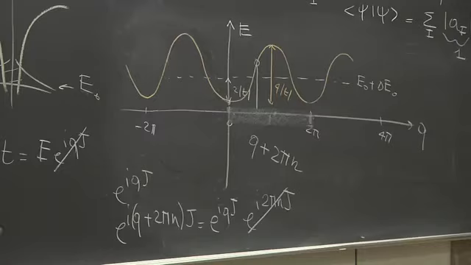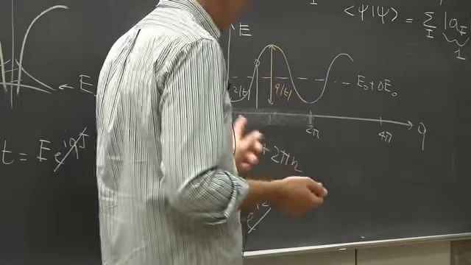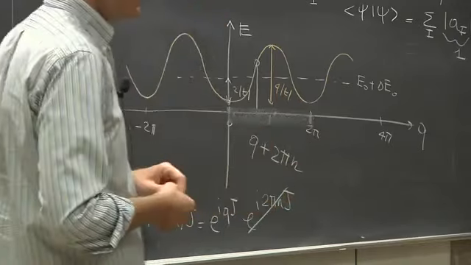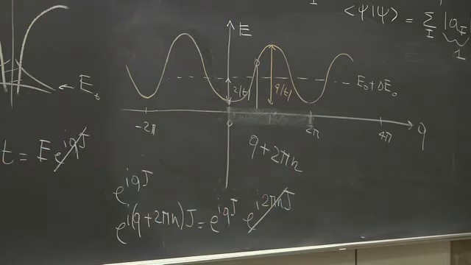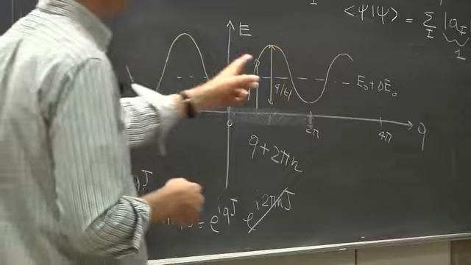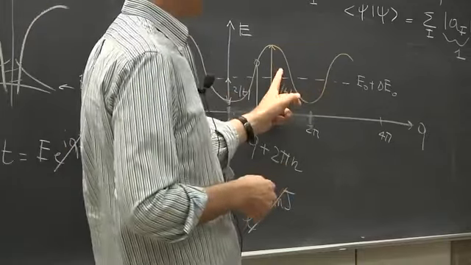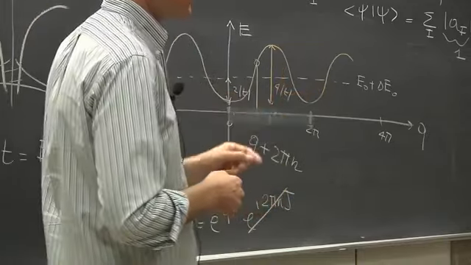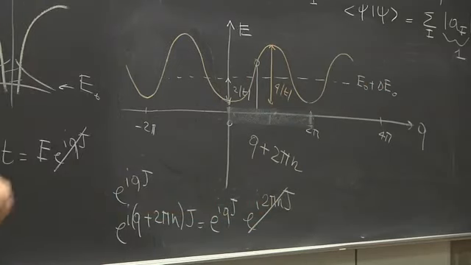I don't need to go outside. I can live my life between 0 and 2 pi, and I'll be able to find all possible solutions. Because every solution that is outside, I can bring it back inside 0 to 2 pi, and I will find exactly the same solution with an appropriate translation by 2 pi times n. Okay?